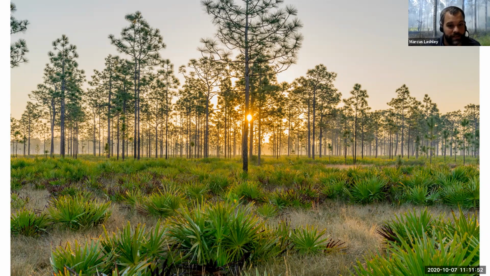So that would be things in the mid-story. It's pretty much absent here, and that's a very important structural component to our forests that is important to many of the wildlife species in the South, including virtually all of the upland species that are species of conservation concern or connected to this type of structure or grassland.